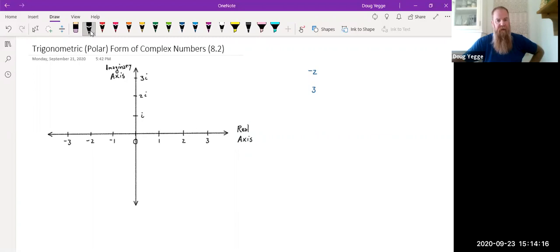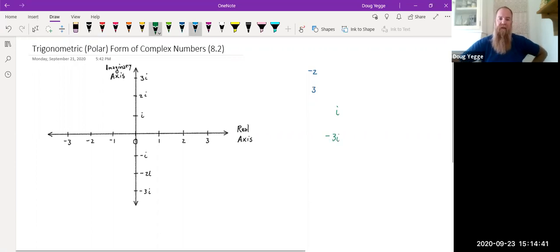And likewise down here, this would be -i and -2i and -3i. So I can plot all of my imaginary numbers along the imaginary axis and all of my real numbers along the real axis. So now I can plot numbers like i or -3i.